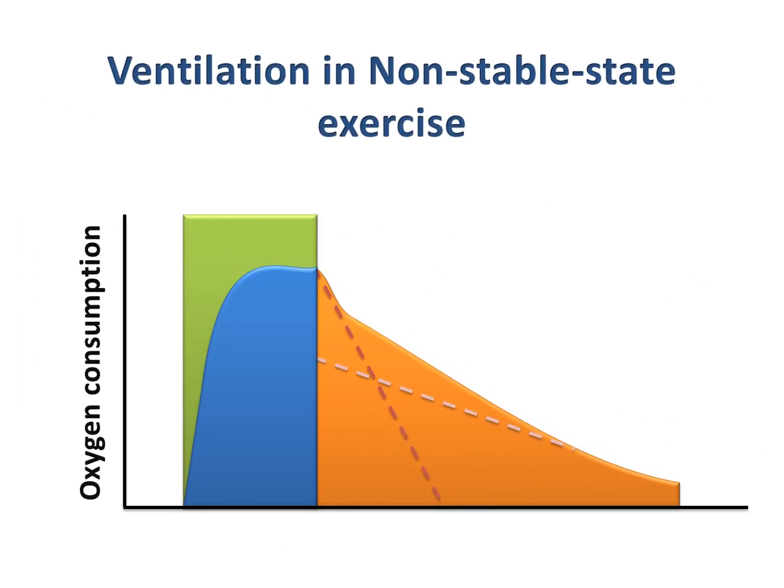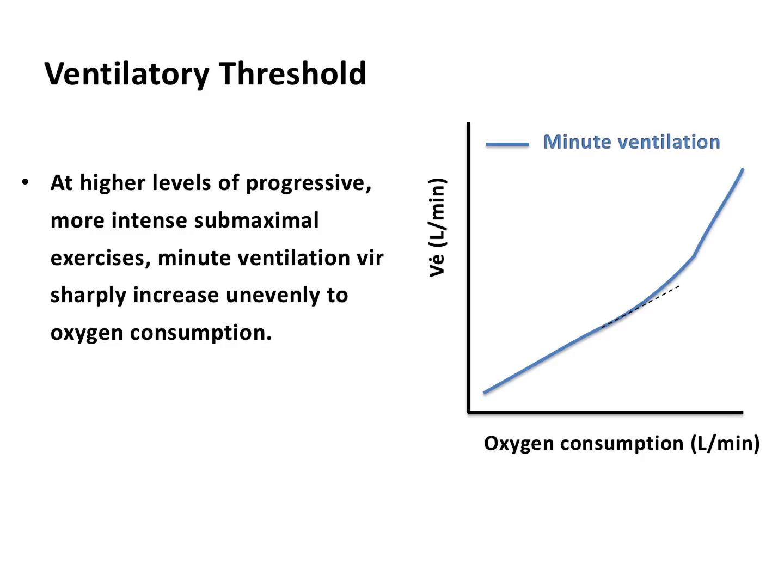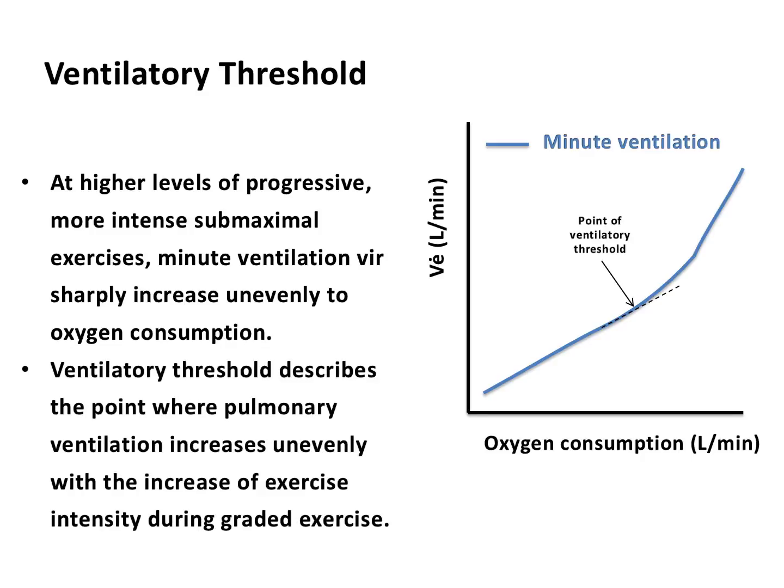This is all good and well, but what happens during non-steady state exercise? Remember here, there is a massive oxygen consumption and a large EPOC. When exercise intensity increases sharply, minute ventilation will increase disproportionately to oxygen consumption. This is called ventilatory threshold.